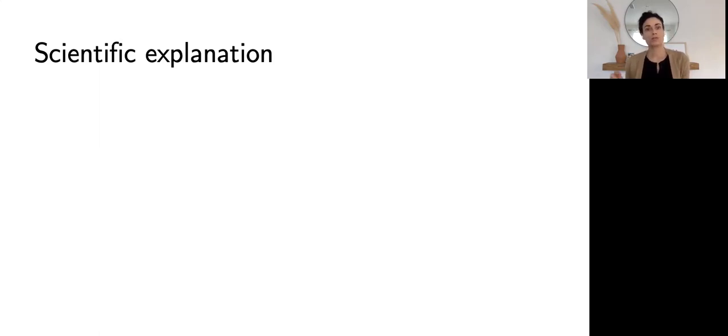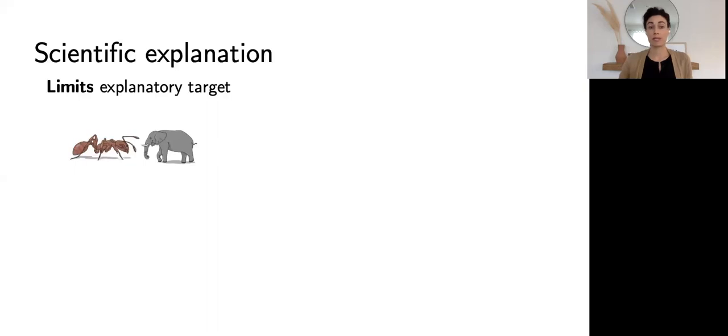However, some explanations appear different from this standard framework in the sense that they involve limitations on the explanatory target. They involve limitations in the sense that there are constraints on the possible values of the explanandum, and it's this limitation or constraint on the explanandum that we're interested in explaining. So for example, we might be interested in the question, why are there restrictions on how large animals can be and on the height of skyscrapers?